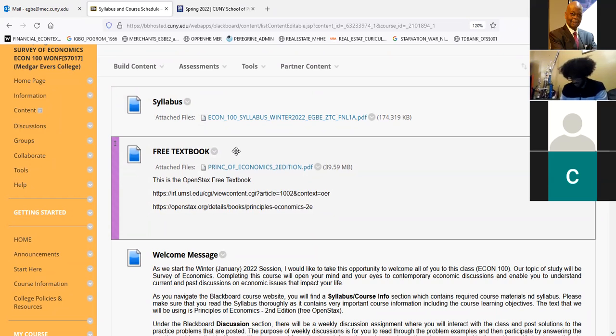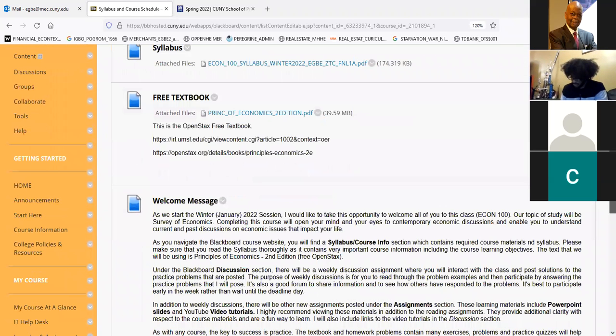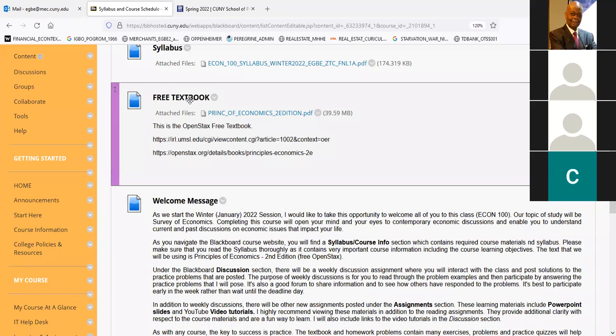Is anyone seeing that? I'm not seeing that. I'm only seeing the syllabus. I'm looking on my Blackboard as well, Professor, while you're doing it, but I'm not seeing where it says free textbook.